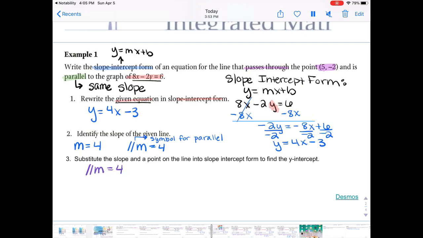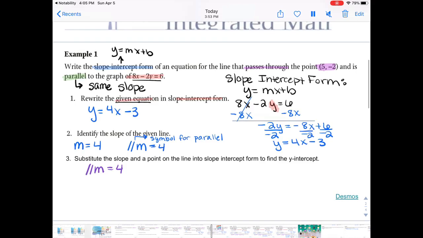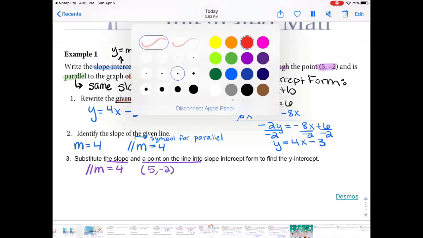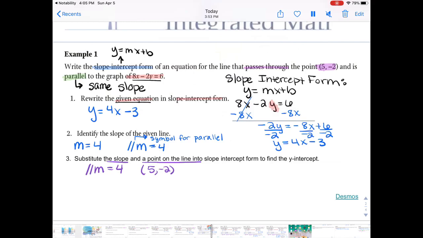So we're going to substitute the slope and a point on the line. If you remember, the point on the line was (5, -2). So we're going to substitute that slope and a point on the line into the slope-intercept form in order to find the y-intercept of the equation. So y equals mx plus b.